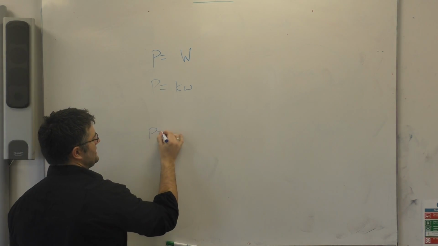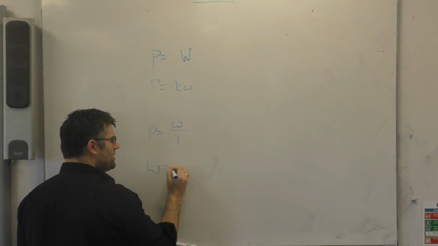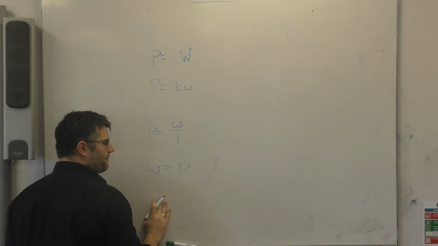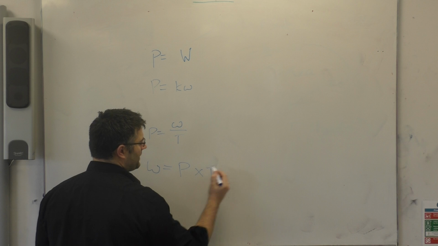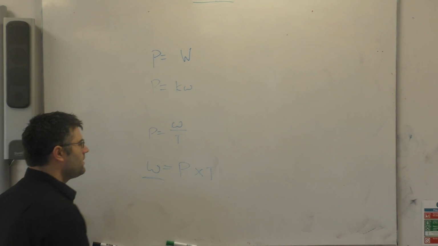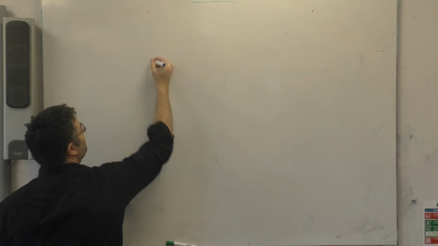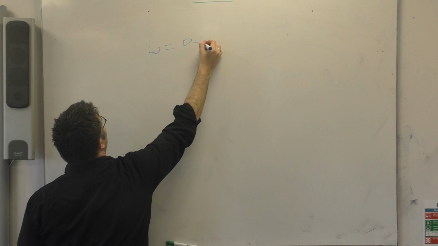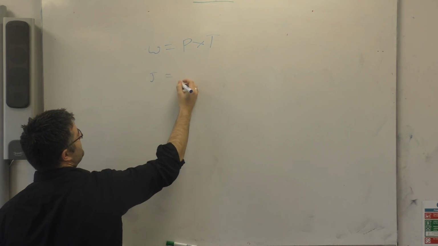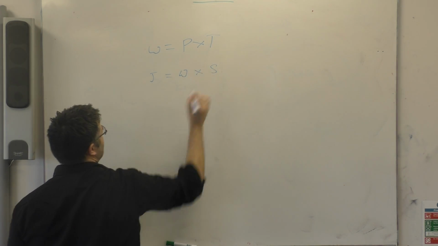Because power is an amount of energy per unit time, therefore an amount of energy that's transferred using a device that has a power times by a time tells you how much energy that you would use. So in this case, most people are happy with the idea that a joule is equal to 1 watt times by a second.